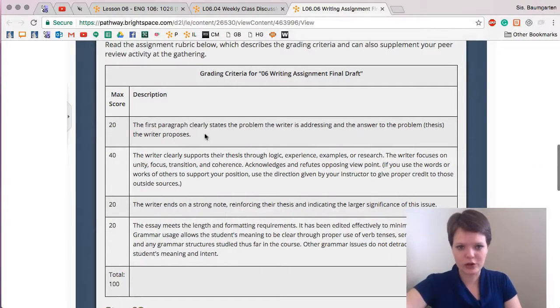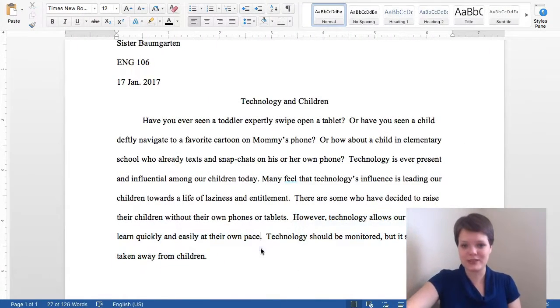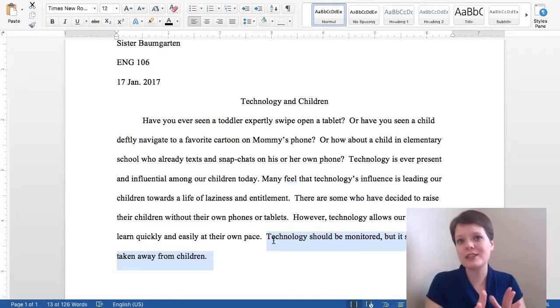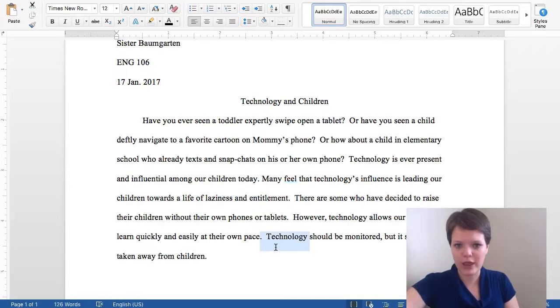That's how you will earn this part of the rubric, where the first paragraph states the problem and addresses the answer to the problem. That's the thesis, or this final sentence here. Technology should be monitored, but it should not be taken away from children. And the rest of my essay should focus on that sentence. Okay?